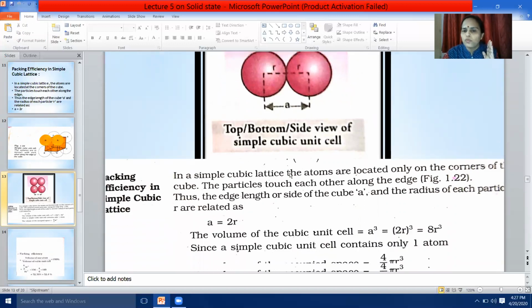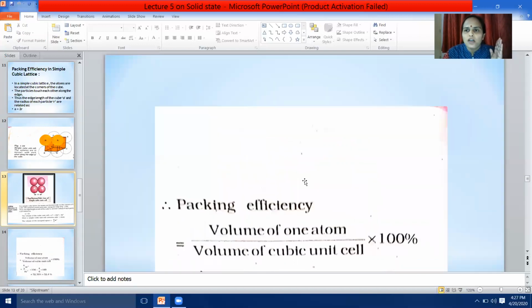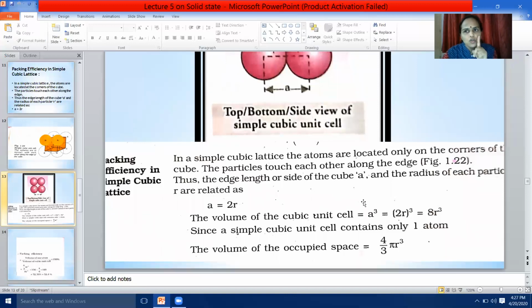So the volume of the cubic unit cell equals A cube. We all know that. Since the value of A is 2R, A cube will be equal to 2r whole cube, which is equal to 8r cube. Since a simple cubic unit cell has only one atom, the volume of the occupied space, that is the volume of this sphere, is equal to 4 by 3 pi r cube.